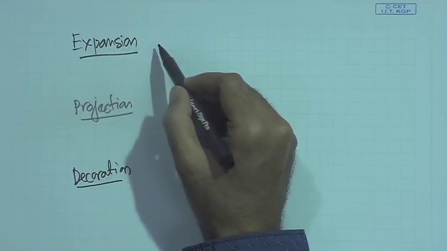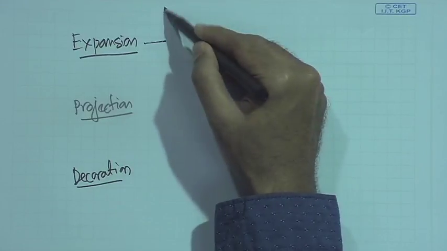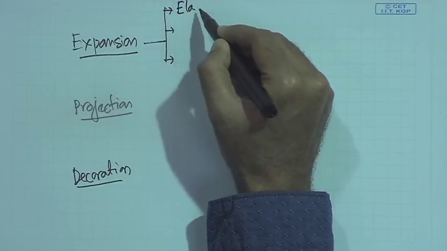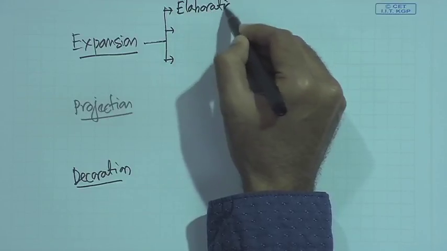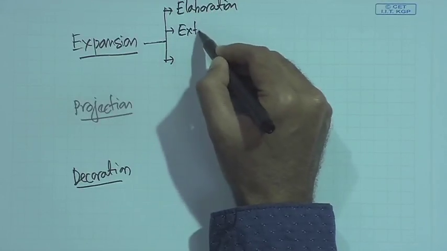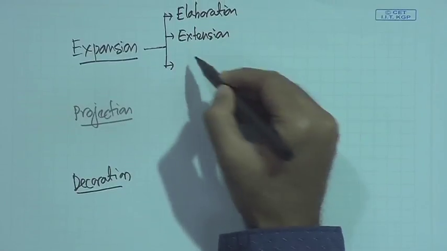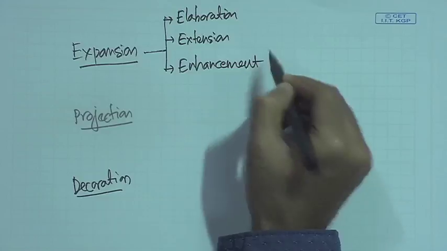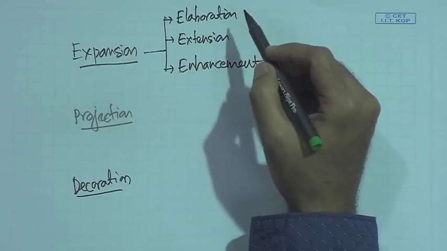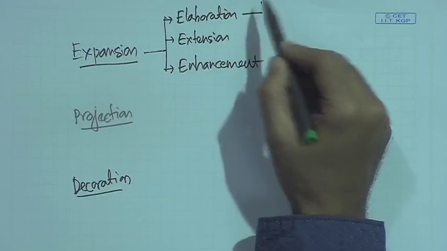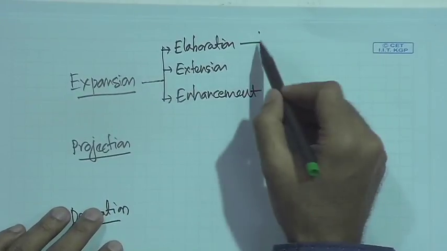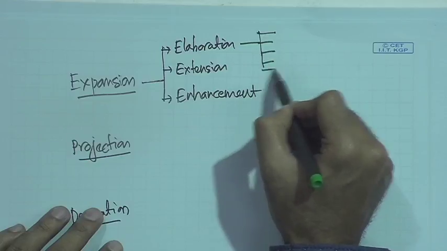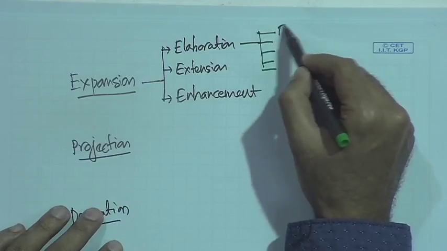So, if we look at expansion, as we discussed in our last lecture, it happens through three possible manners: elaboration, extension, and enhancement. If we further break down elaboration, we will see that many a times they are referred to in different ways. One is explanation.